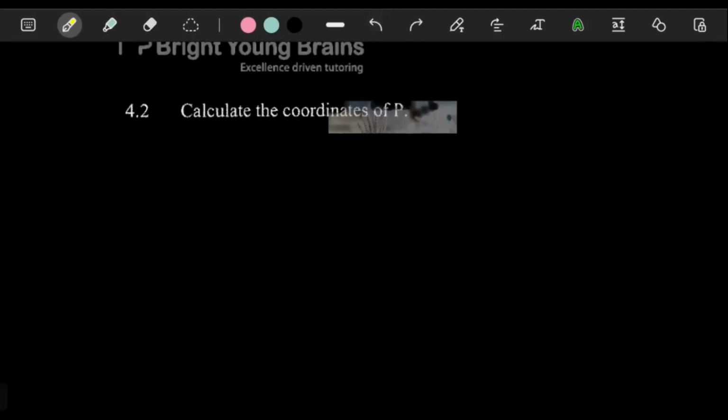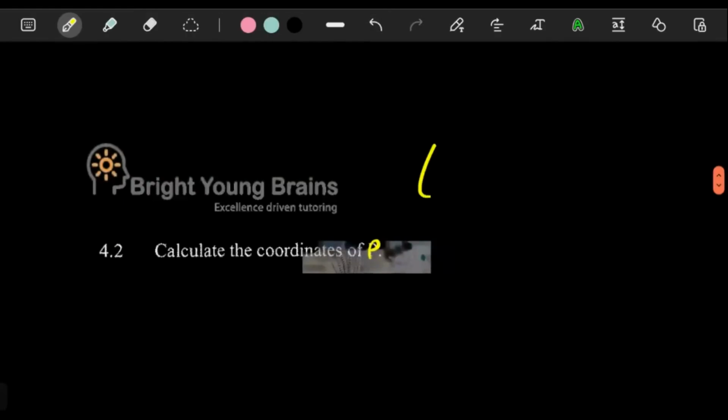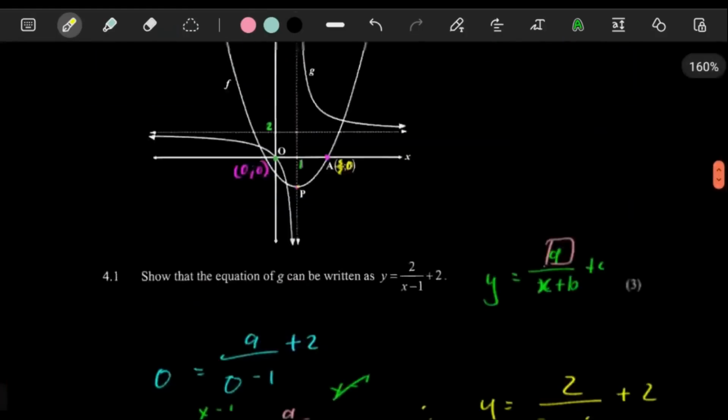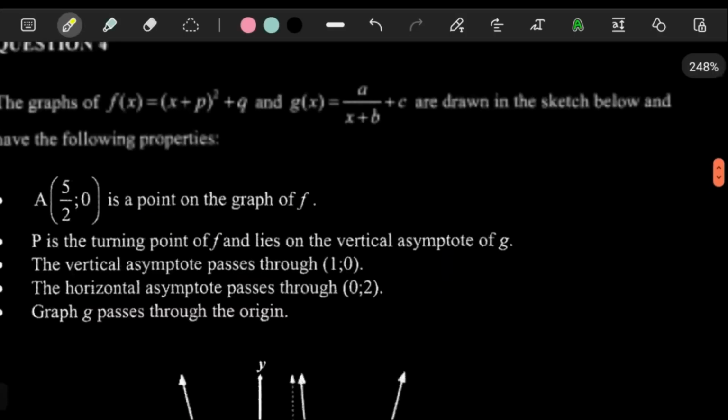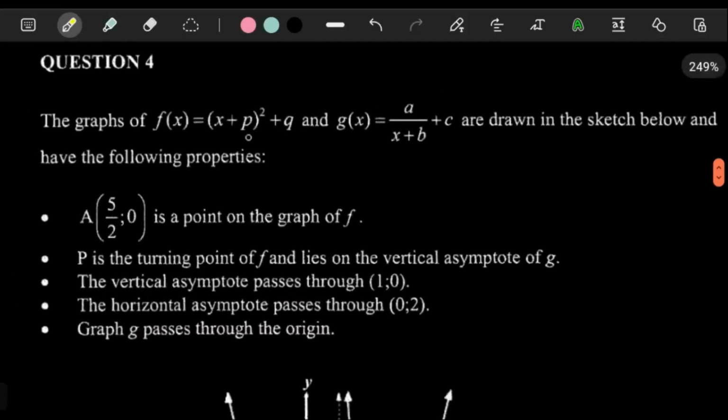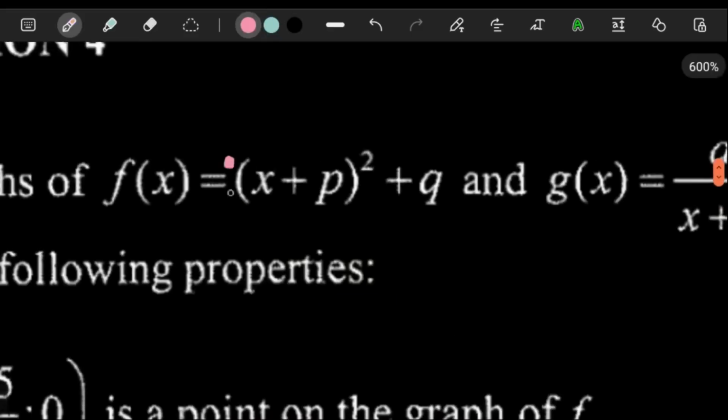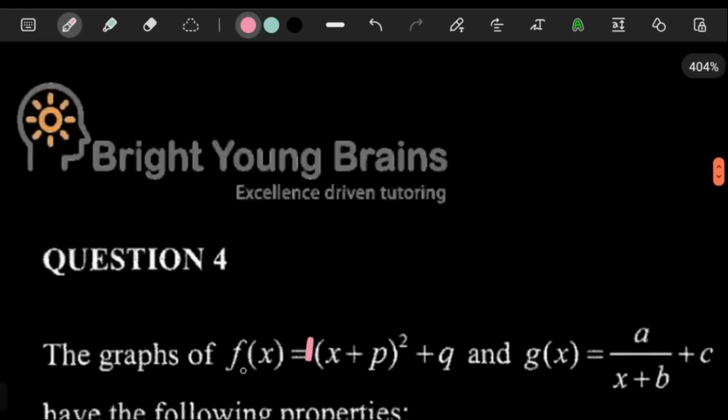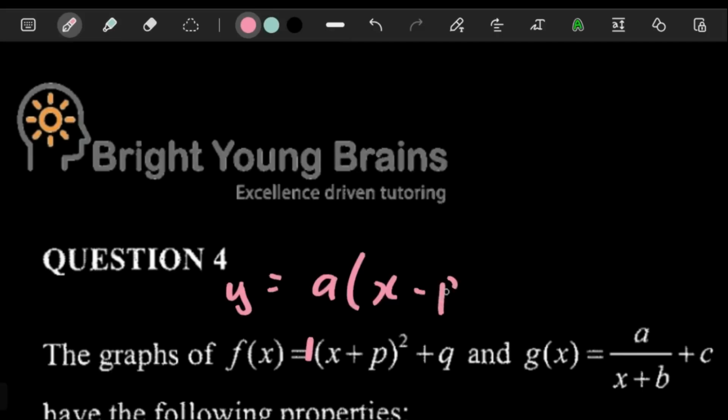The confusion here is the coordinate name is p, but I'm referring to this. What we know is, you see this here, and this represents the turning point. So in our equation of our parabola, there's already a 1 given in front, because this format here is y is equal to a(x minus p) squared plus q.